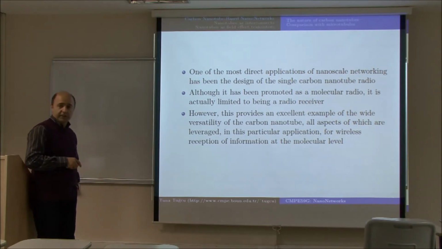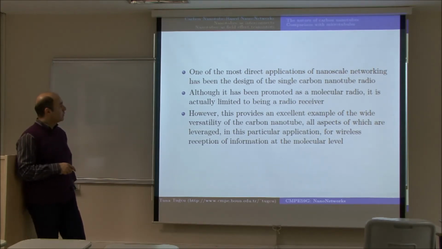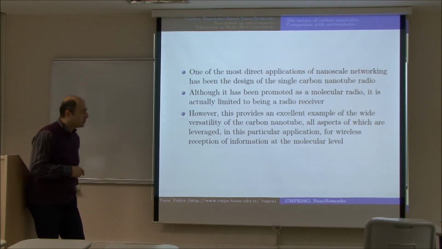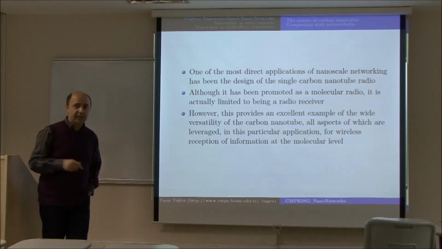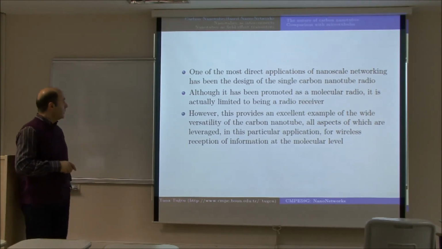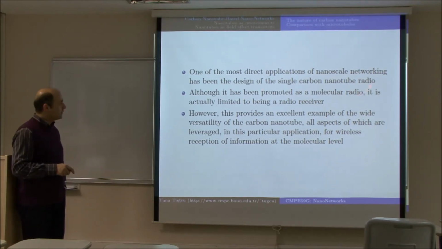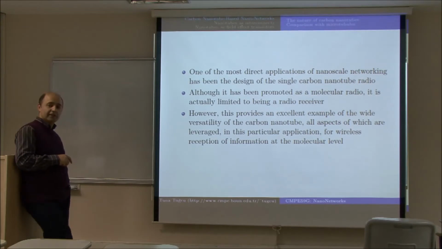One of the most direct applications of these carbon nanotubes and nanoscale networks built on them would be the single carbon nanotube radio. We will be discussing that in the next lecture, not today. And although it has been promoted as a molecular radio, sometimes they refer to it as the molecular radio, it's actually limited to being just a radio receiver.